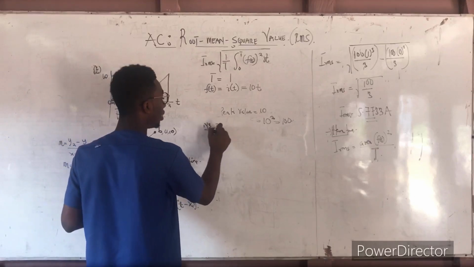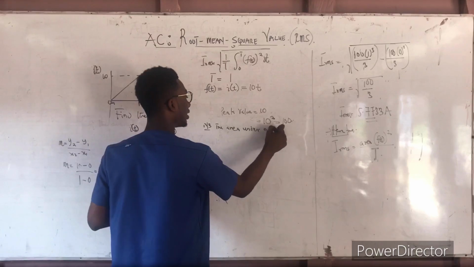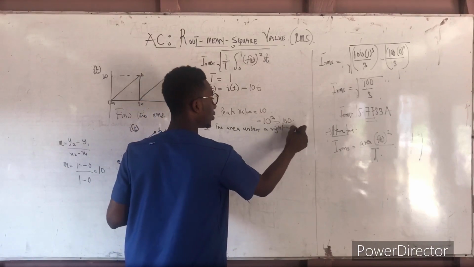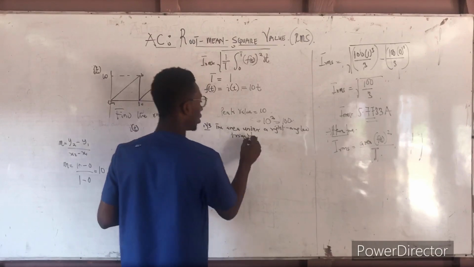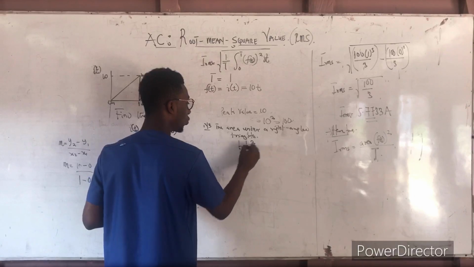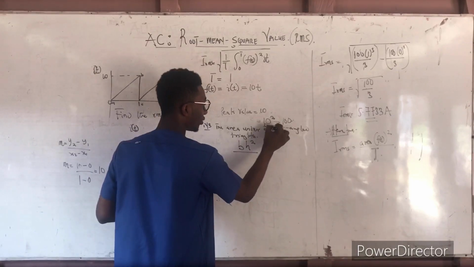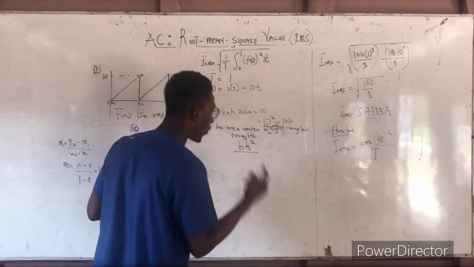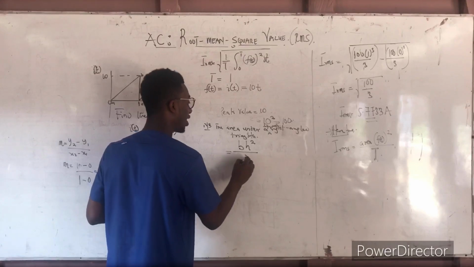Now, to find the area, you have to note this. The area under a squared right angle triangle is always b h squared divided by 3.